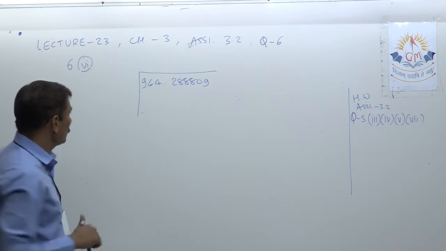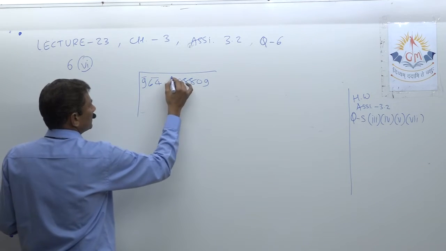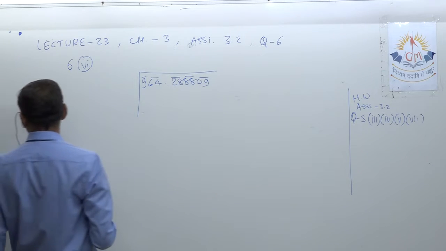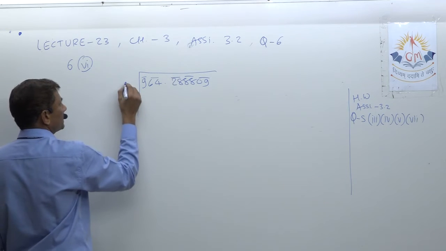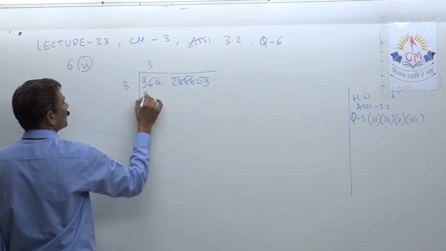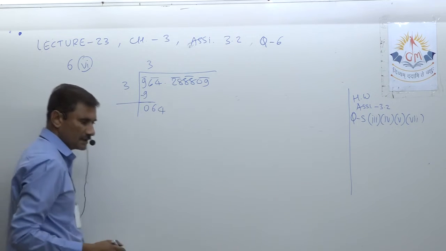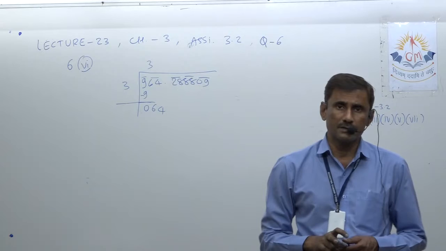Now again make pairs from this side and that side. There are 3 pairs. Now look at the first pair. It is only 9, so 3 3s are 9. Okay, 64 came here. Before starting the second step, write down the double of the quotient.